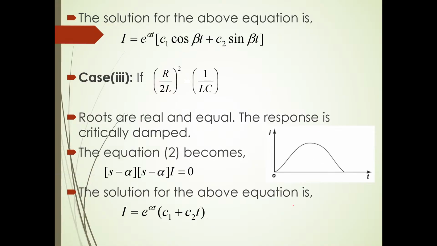Now the solution of the above equation is I equal to e power alpha t into C1 cos beta t plus C2 sine beta t. This is the solution when the roots are complex conjugate and the response is underdamped.